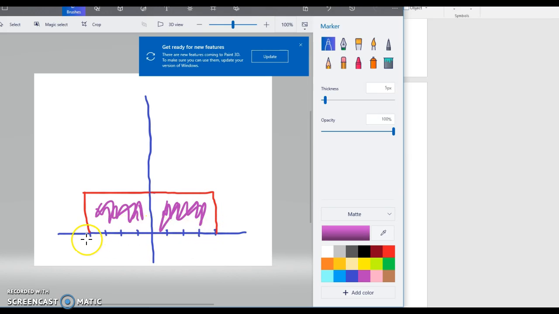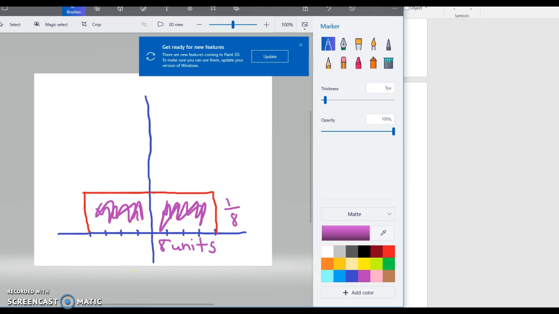The length of this from -4 to 4 is actually 8 units across, which means that when we multiply it times the height of this rectangle, it has to be equal to 1. So this height has to be 1 over 8, the reciprocal. So right up here, this would have to be marked on the y-axis at 1/8 in order for us to have the proper area underneath that curve.